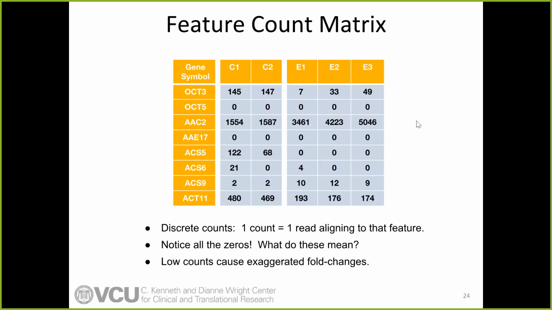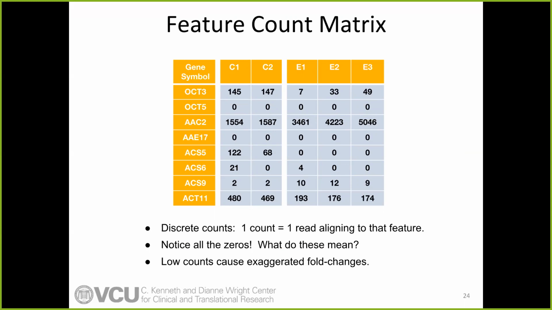The first thing you'll notice is that these are discrete counts. There's no 0.567 or anything like that. They're discrete counts. 1 read equals 1 count. And then you'll also notice that there are a lot of zeros. And this is just a small sample that I manipulated, honestly, from actual data.